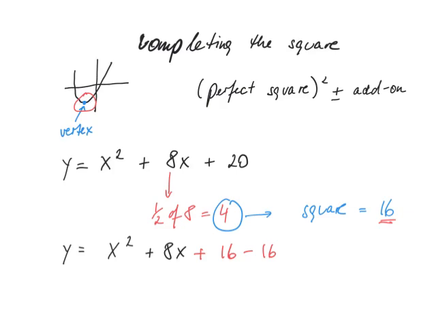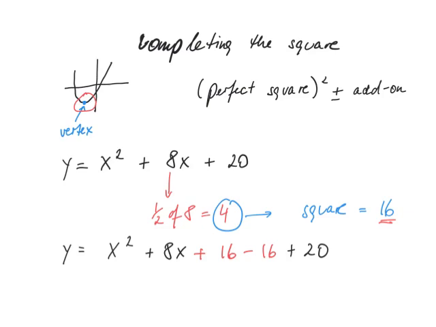It is just a tool that we can use to find the perfect square. We are not changing the equation because as we add it on, we take it away straight away. And then I have the rest, plus 20, okay? So I've rewritten my equation now, but I haven't changed anything.